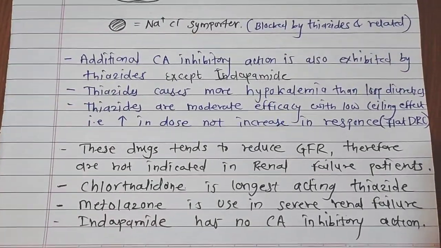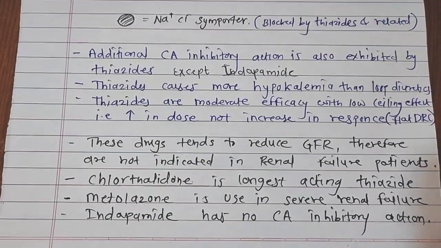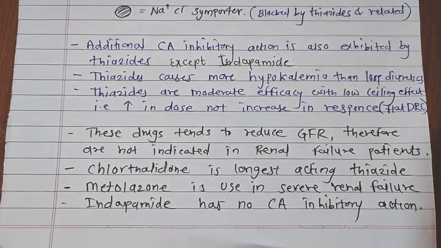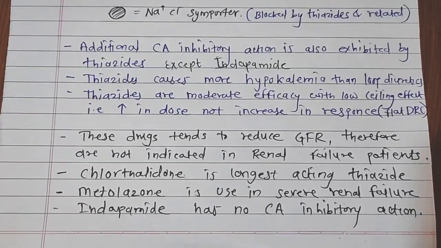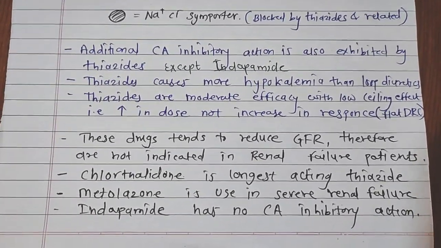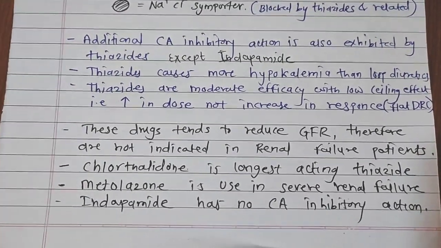Ceiling effect means that whenever we increase the dose, if there is also an increase in response, then we call it a high ceiling, which we have seen in the case of loop diuretics. But these are not that kind of drug. That's why these are called low ceiling effect. That means an increase in dose, but not an increase in response.